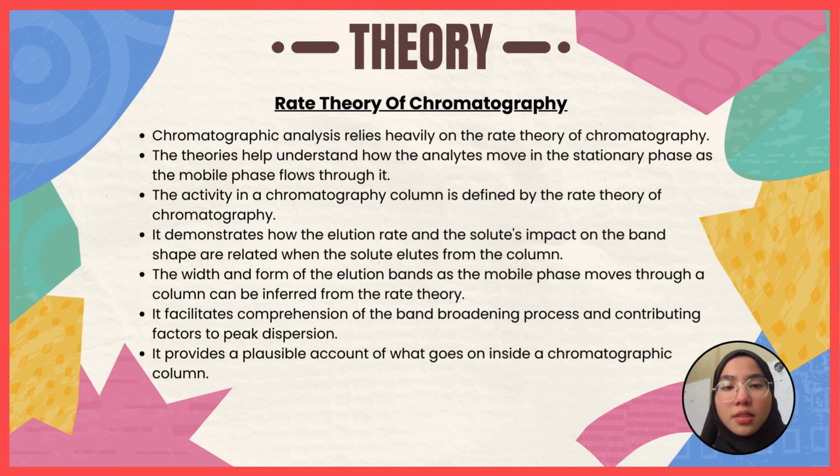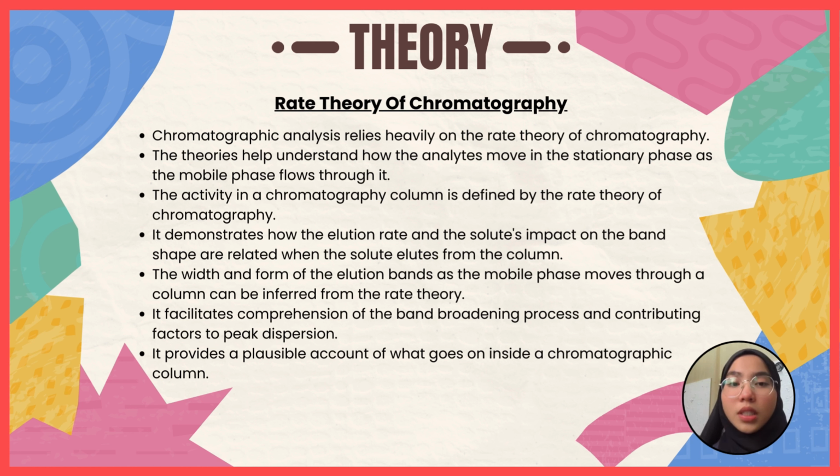Chromatographic analysis relies heavily on the rate theory of chromatography. The theory helps us understand how the analytes move in the stationary phase as the mobile phase flows through it. The activity in a chromatography column is defined by the rate theory.